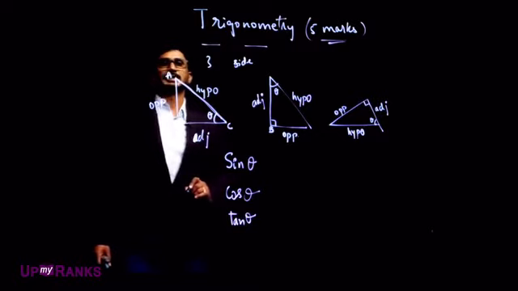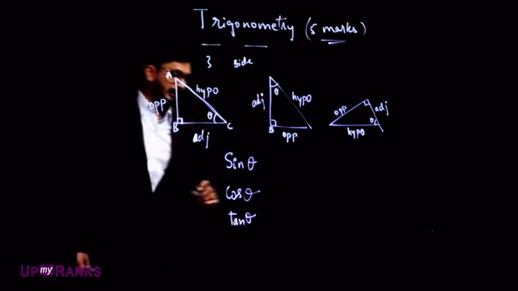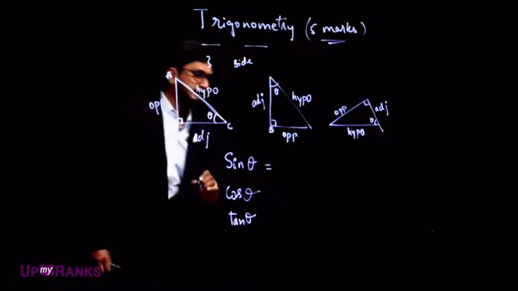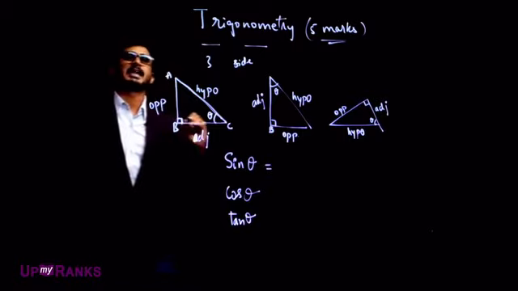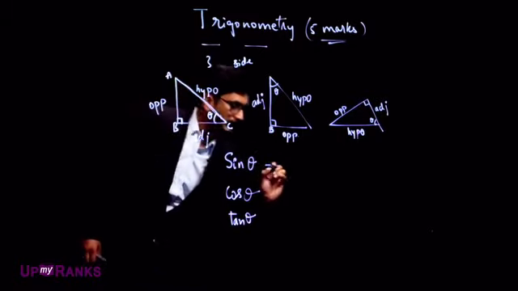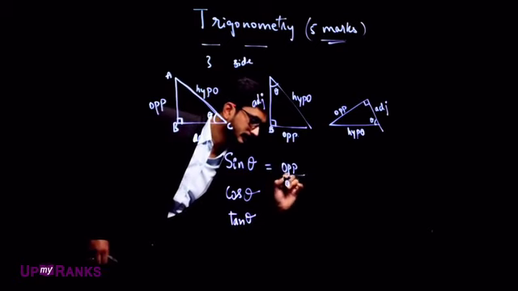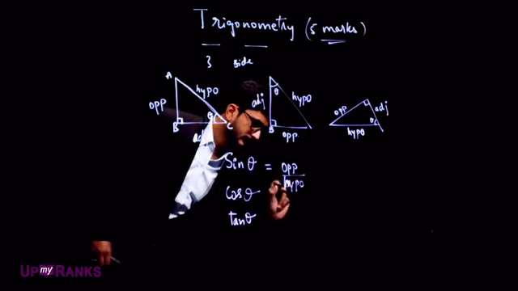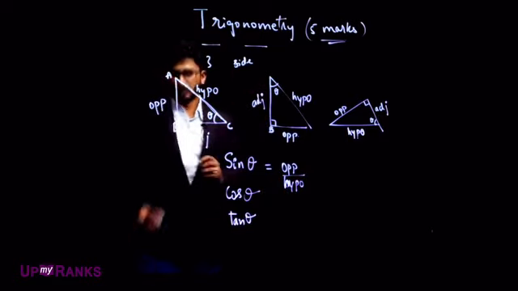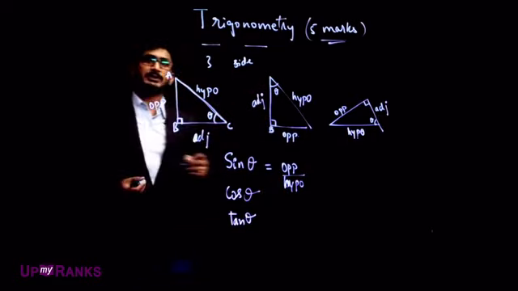So what is sine? Sine is nothing but opposite side by hypotenuse. What is cos theta?